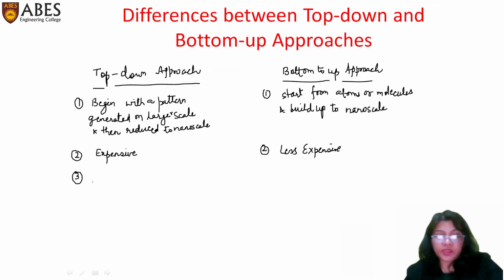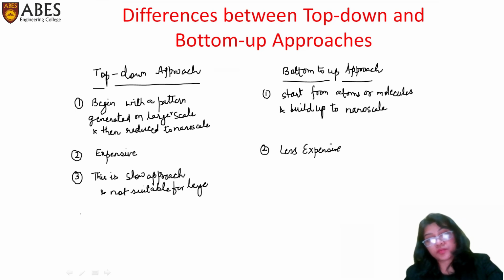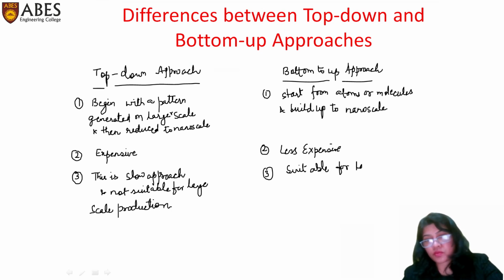The top to down approach is slow and is not suitable for large scale production, while the bottom to up approach is suitable for large scale production.